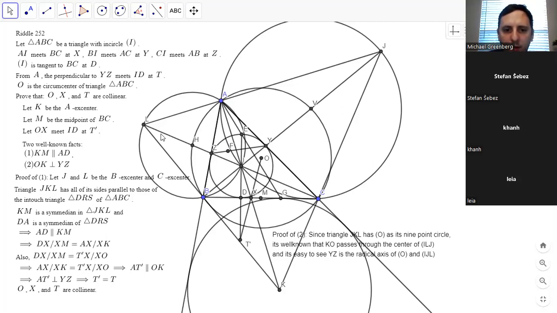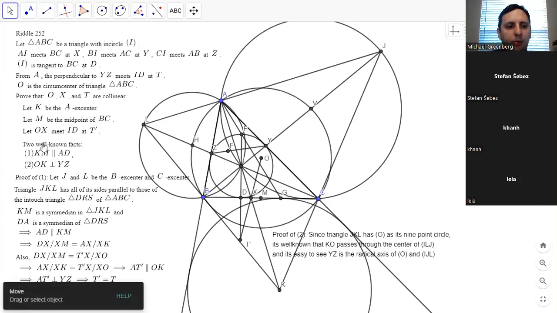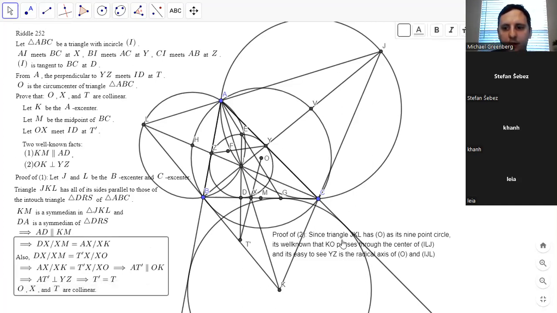IZ times ZL is the power with respect to IJL, and that equals AZ times ZB, which is the power with respect to O. So they both lie on the radical axis. That makes sense. We've proven both these well-known facts, and then after that, the problem follows pretty easily.